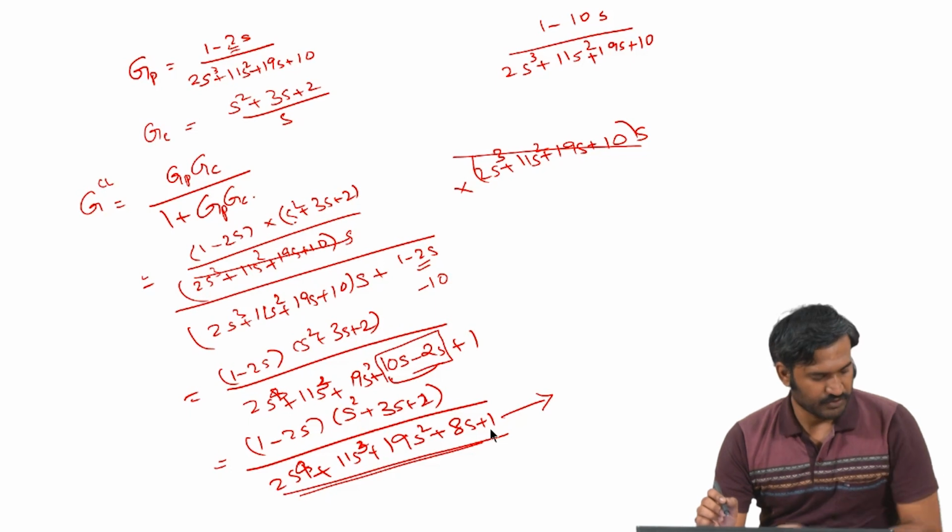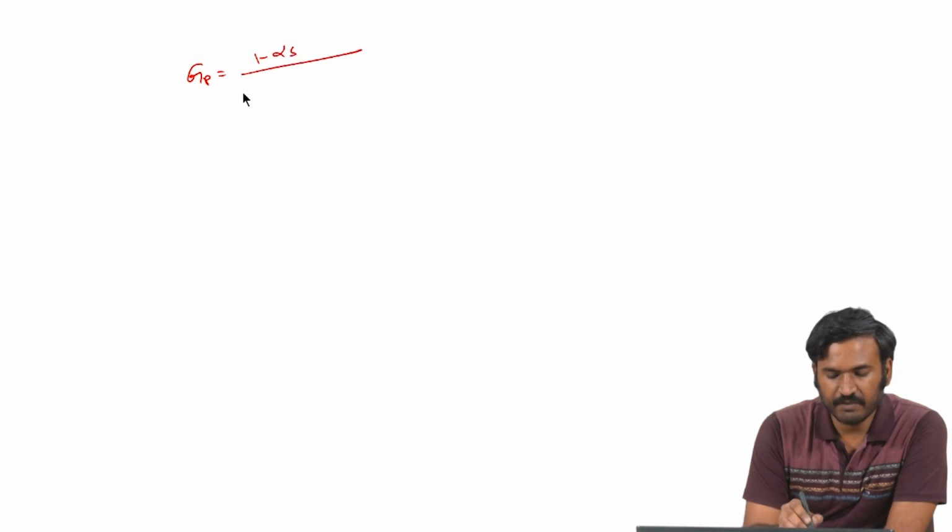So let's do that. So we have Gp, which is 1 minus alpha s divided by 2s cube plus 11s square plus 19s plus 10.